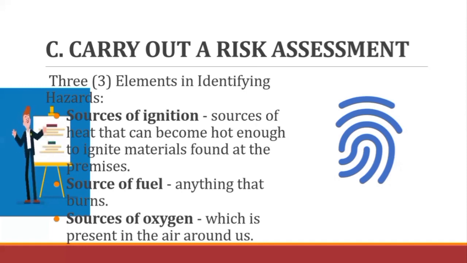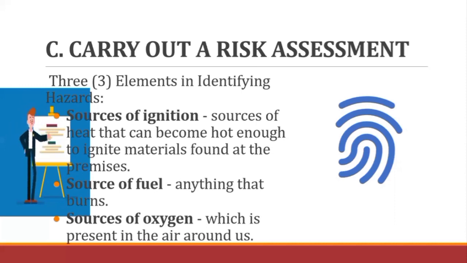So, what do you think in your house or in your building, in your classroom, or in the school, is the possibility of where the sources of ignition may come out? The source of heat may come out. You have to identify because those can be the potential that may carry out fire.